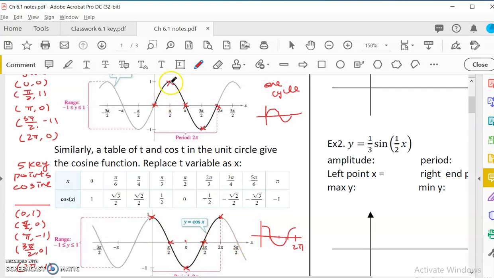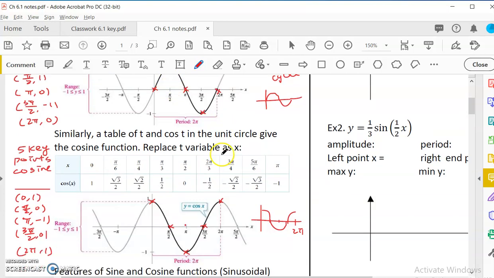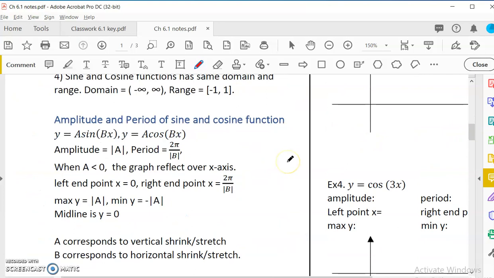So the length from the maximum to the midline is 1, and we call this the amplitude. Kind of like a wave, right? If you look at a sine wave, the amplitude is the highest point of the wave to the middle. So two things that we talk about would be amplitude and period.